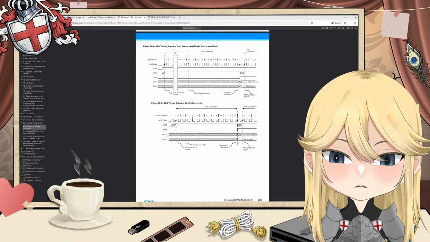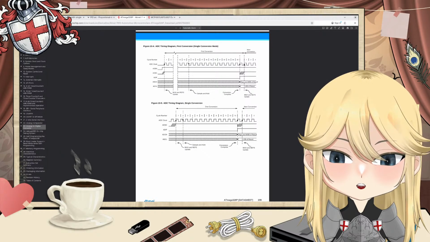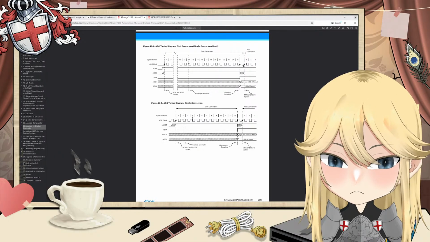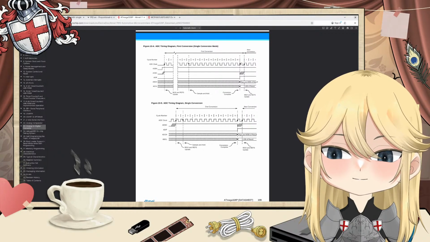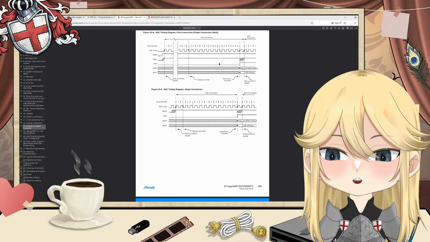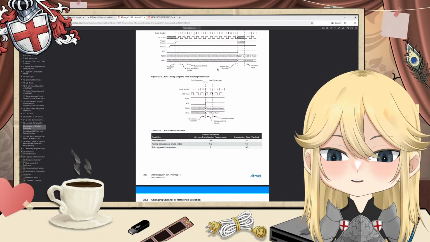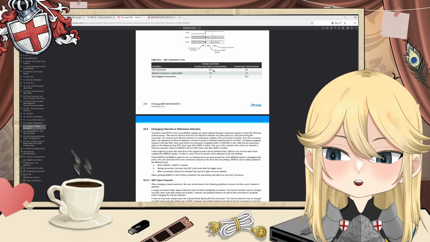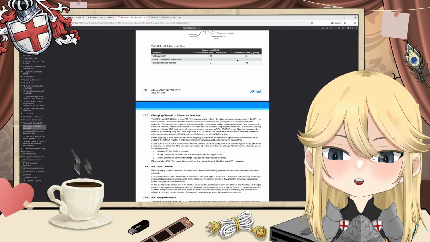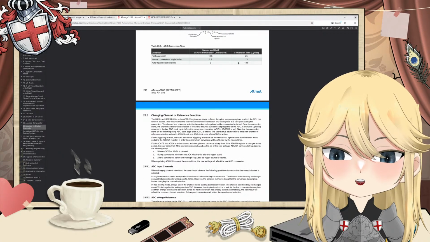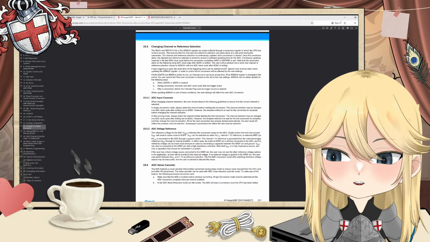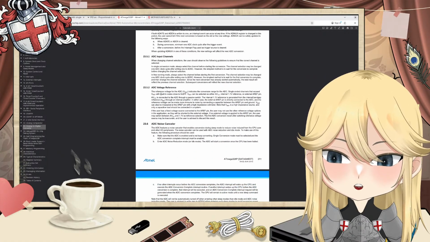We convert. Oh, we have... Oh boy. Okay. 25 cycles for one conversion. Oh, this is way more complicated than I thought it would be.